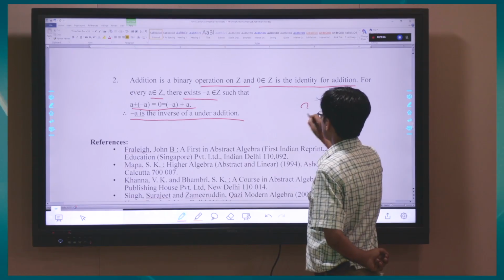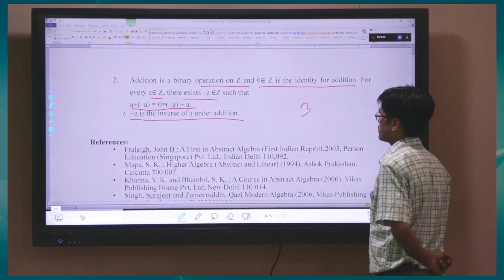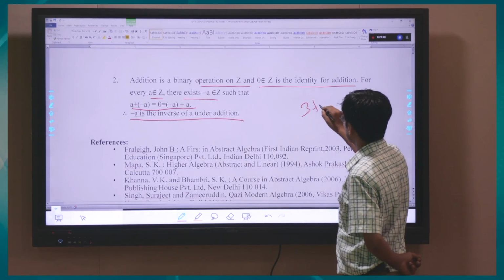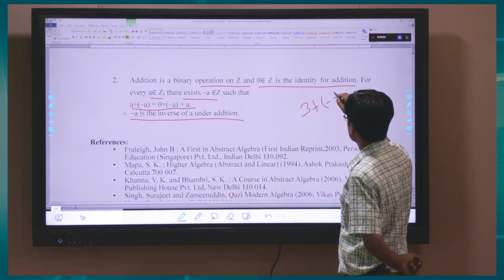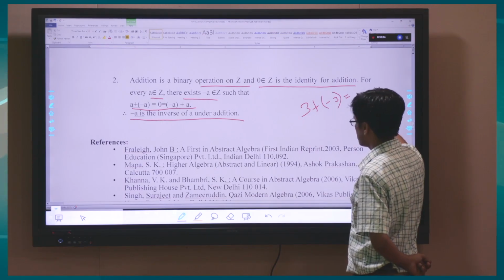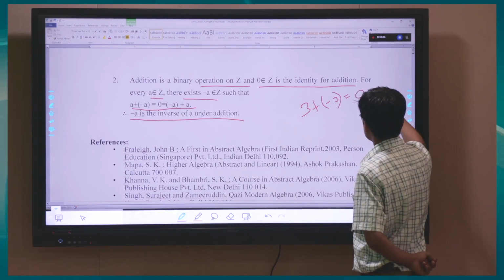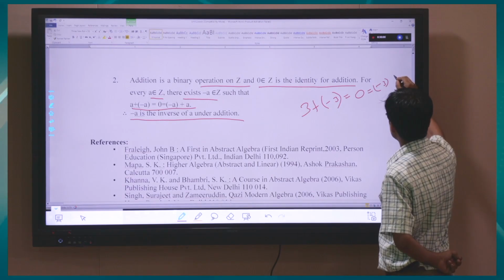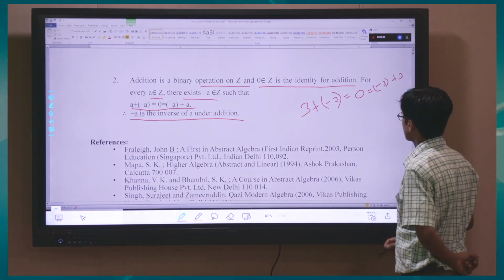Suppose 3 is an element of Z, and minus 3 is also an element of Z. Then 3 plus minus 3 is equal to 0. Similarly, minus 3 plus 3 is equal to 0.